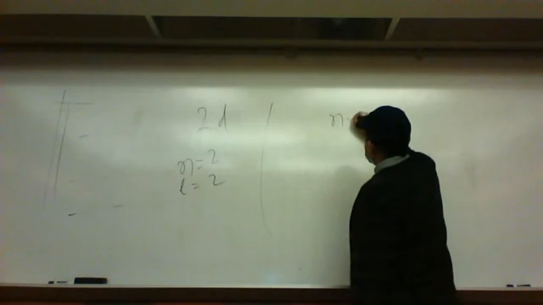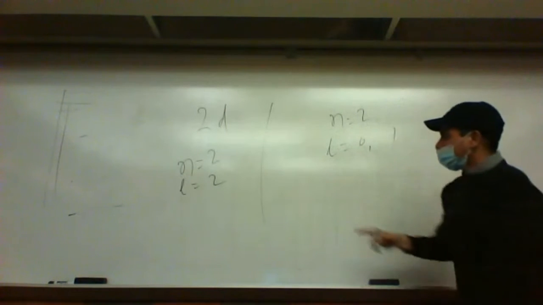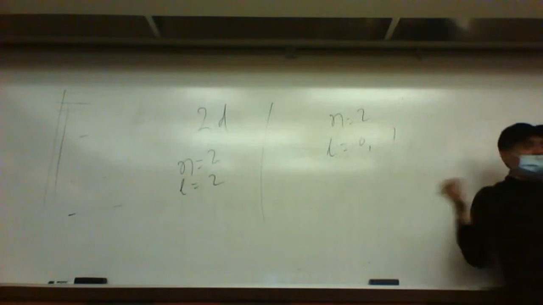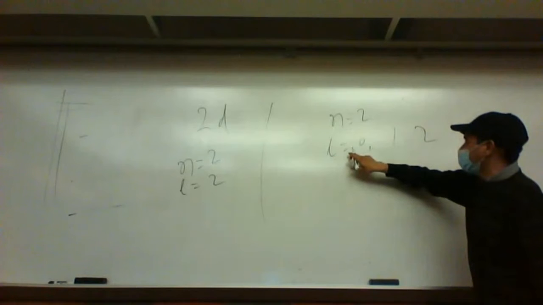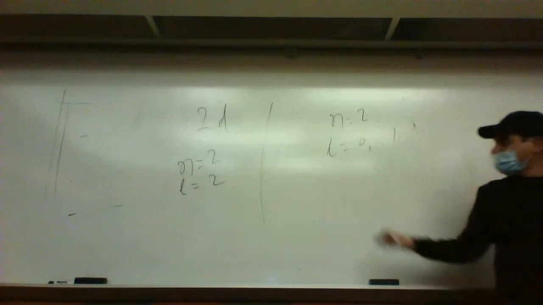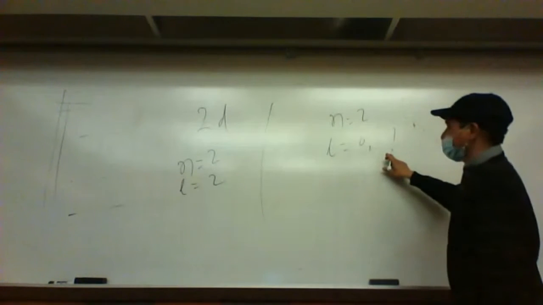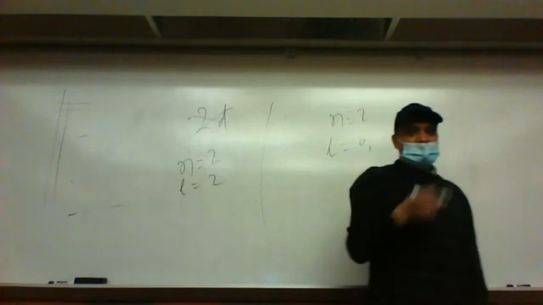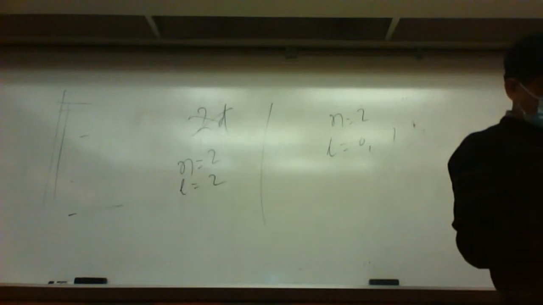When we have n equals 2, L equals 0 and 1. So do we have L equals 2 here? No, right? For n equals 2, I cannot write up to 2. For the azimuthal quantum number, I can only go up to 0 and 1. I have 2 here in my problem, but the theory says you cannot go up to 2. So this is wrong. This cannot exist. Make sense? Good.